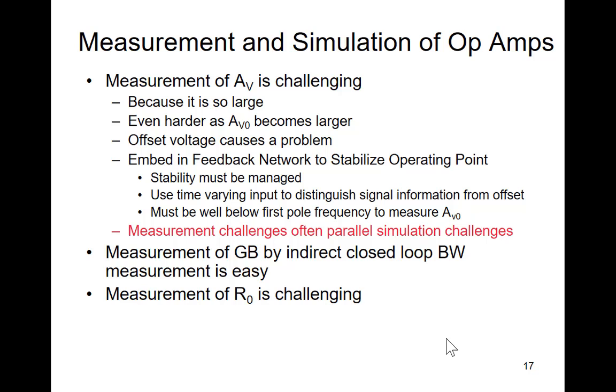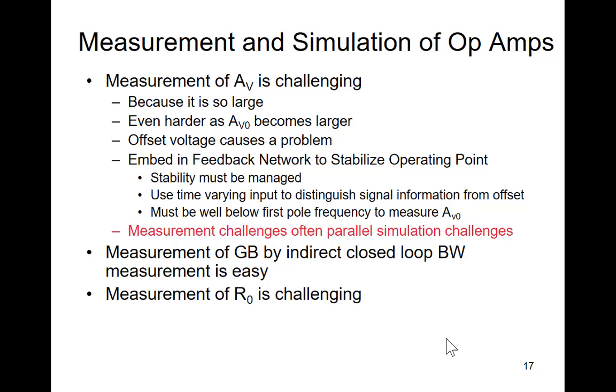Once we get R out with feedback, then we go down and write the equation that relates R out with feedback to R out of the op amp. But here's the problem. R out with feedback for an op amp is approximately equal to R out of the op amp divided by 1 plus A beta.